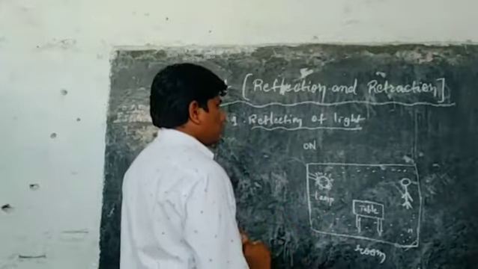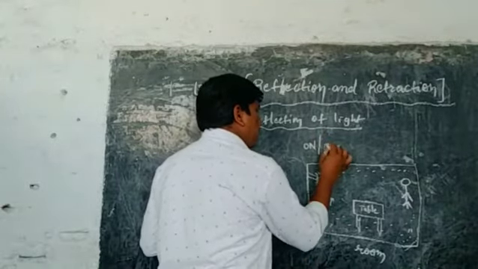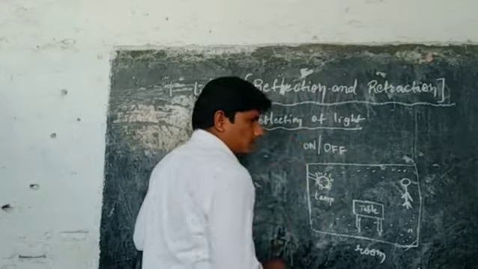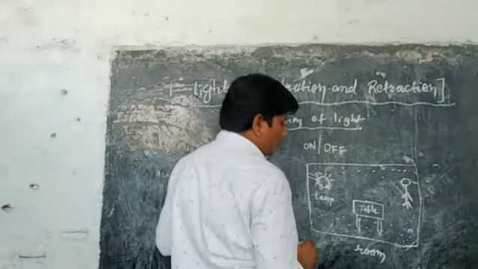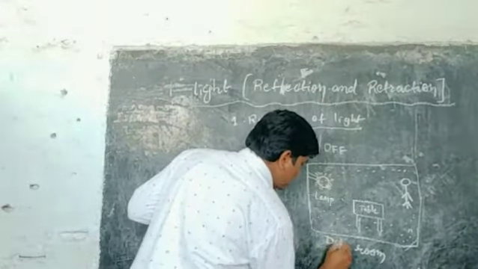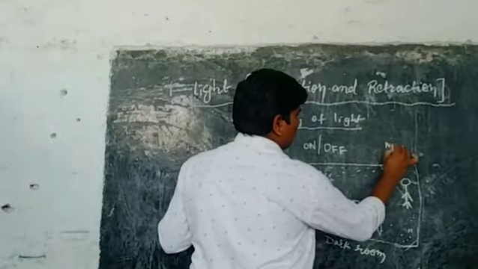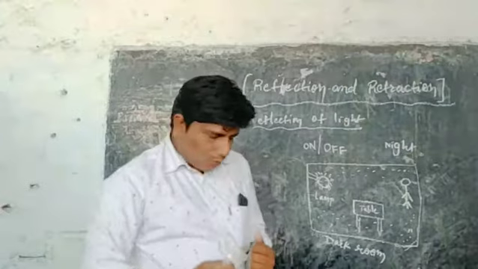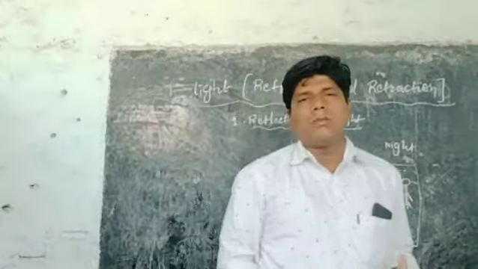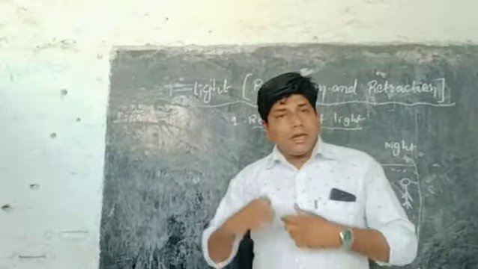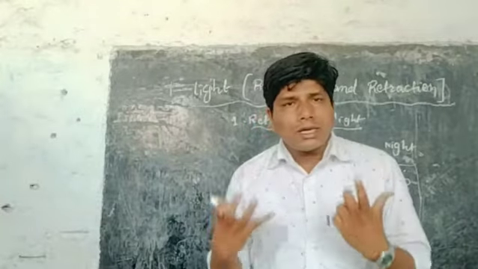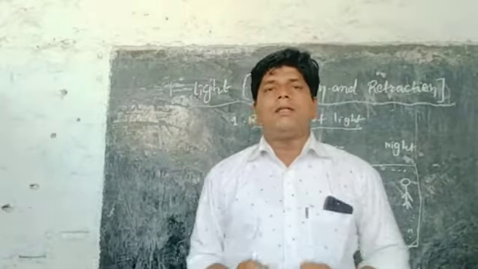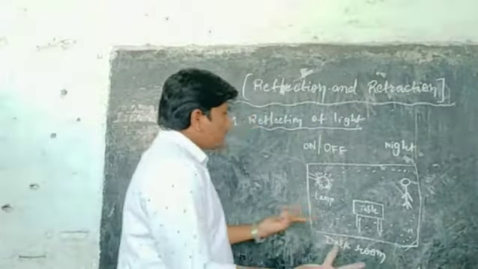Suppose the bulb or lamp is off and it is a dark room. That is night time. During night time, the room becomes a dark room. Now, in this case, this person is unable to find anything around him. What is the reason? The reason behind this is light is absent.